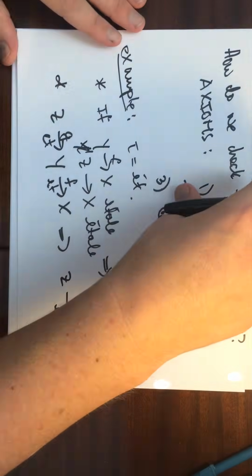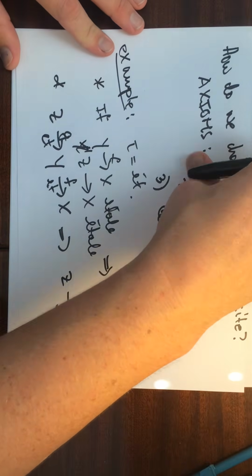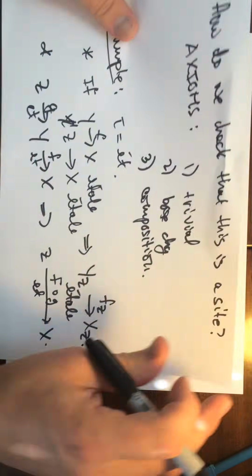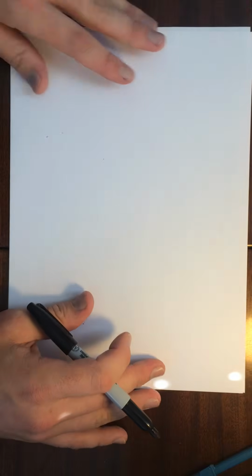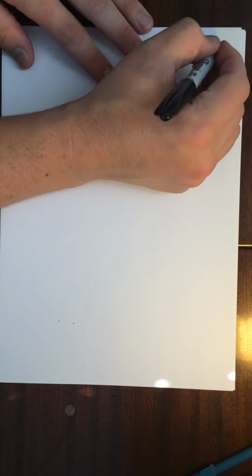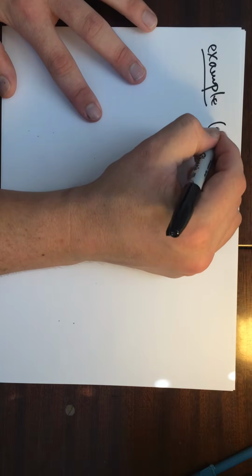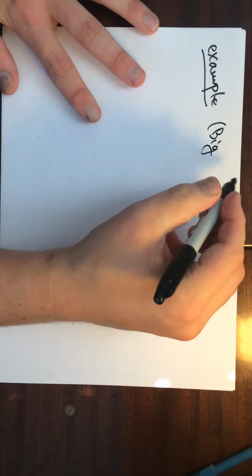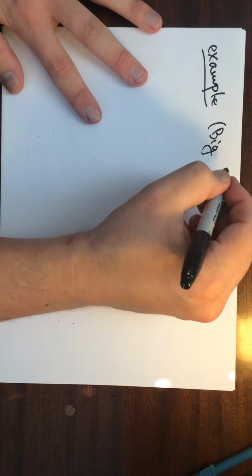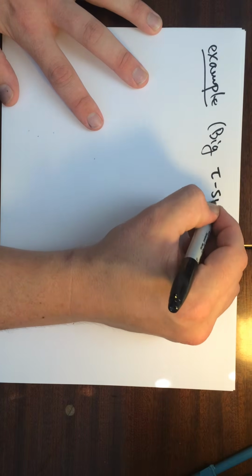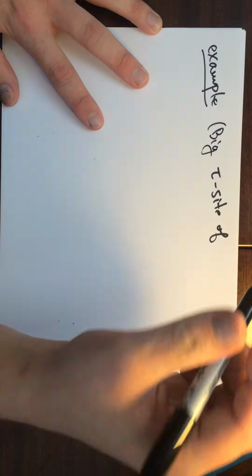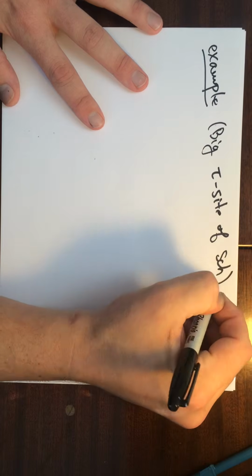Okay, just like in the case for the Zariski site, we can make big sites as well. So, example. This is going to be the big tau site of the category of schemes.